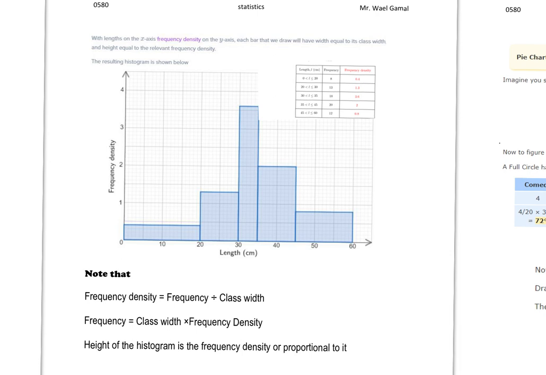So the height of each rectangle in a histogram equals the frequency density or is proportional to the frequency density. Sometimes they multiply the frequency density by 2, by 3, by 4. If the frequency density is too small, sometimes they divide it. So remember that when we solve questions in past papers.